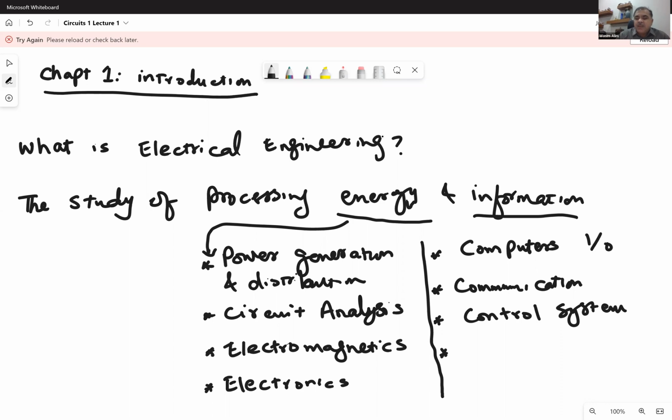Control system is at the forefront of that area also. And finally, signal processing. That is also one of the areas. This is a broad definition of electrical engineering.